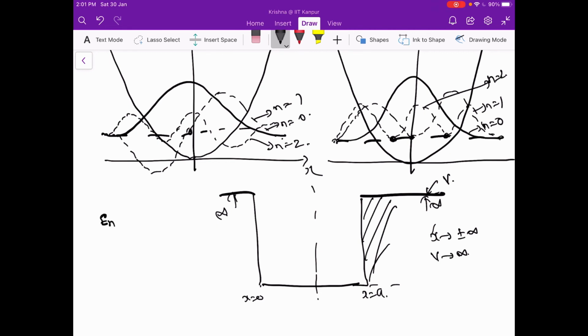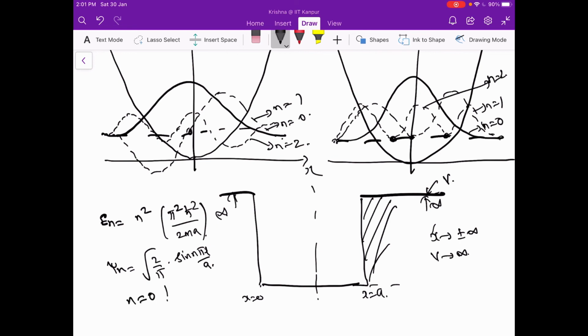The energy values were n square pi square h bar square by 2ma, right? And psi n's were root 2 by a sine n pi x by a. It's easy to see that for the ground state, n cannot be 0, right?